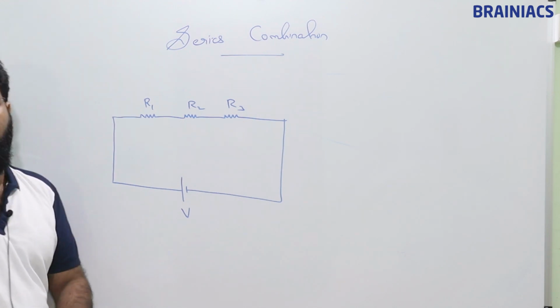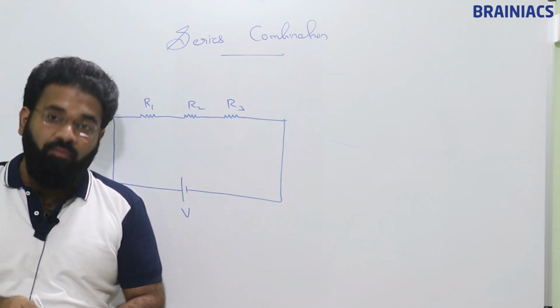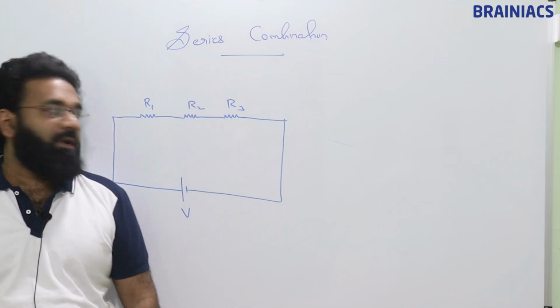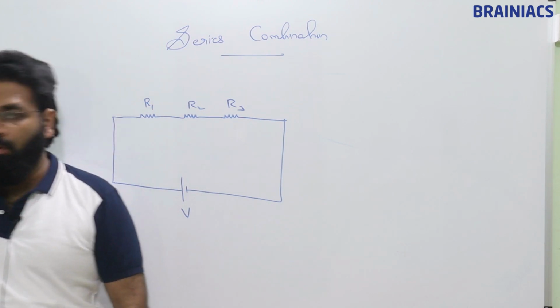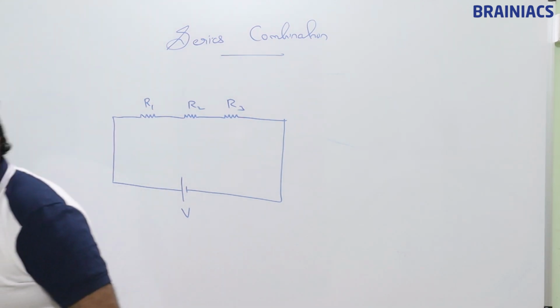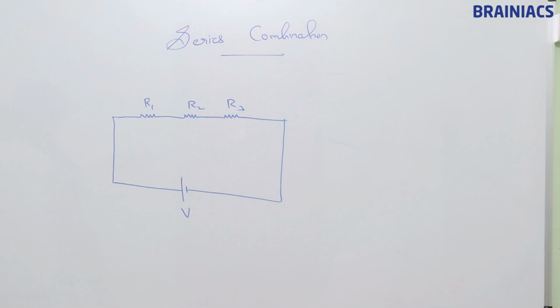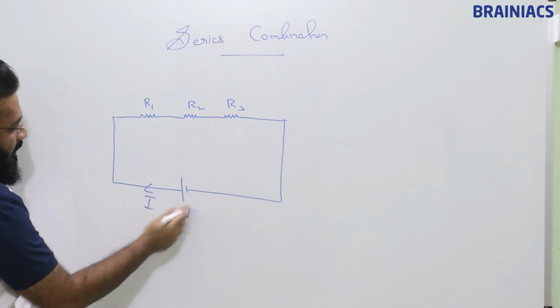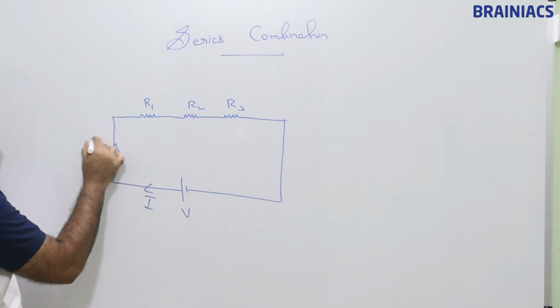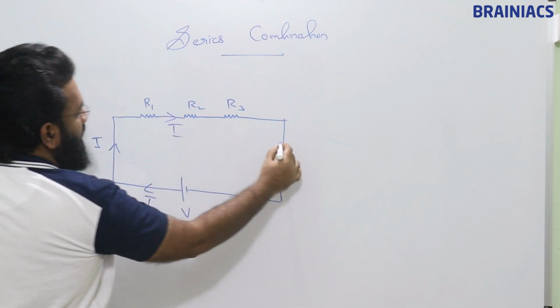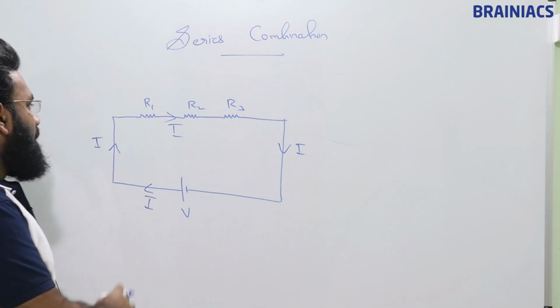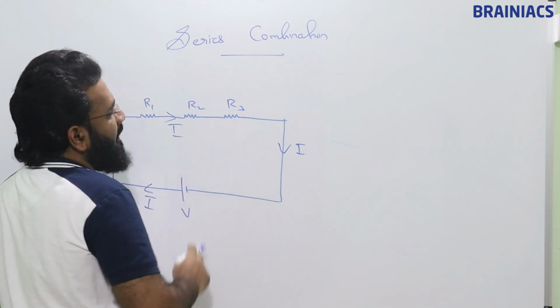For current to flow in a circuit, there should be a closed circuit. It should be closed, then only current will flow. So here current I will be flowing.